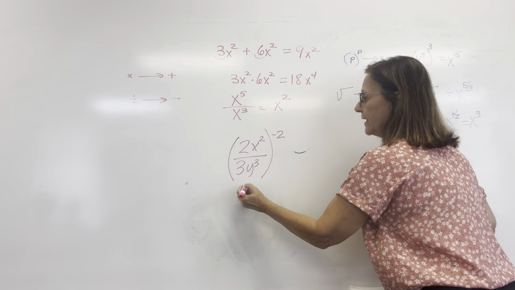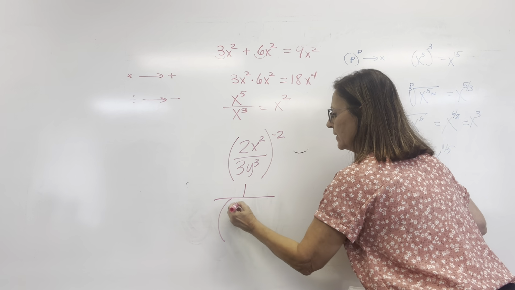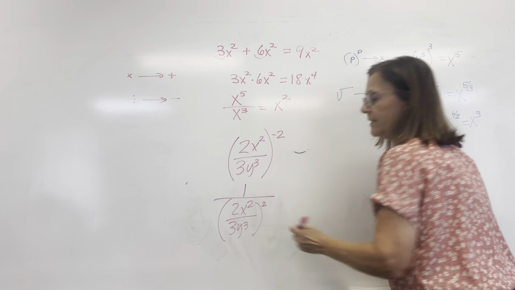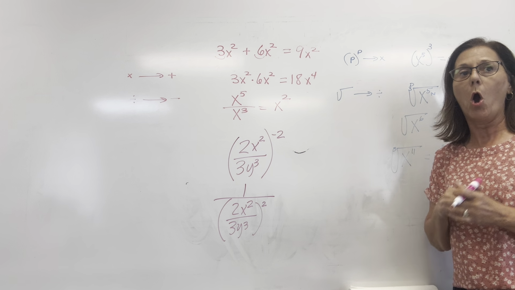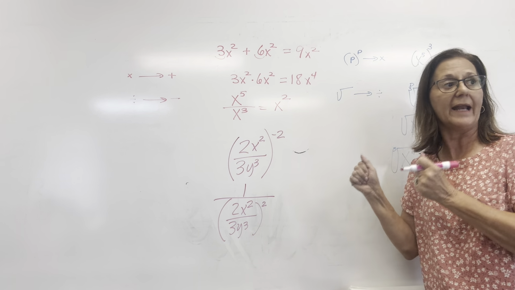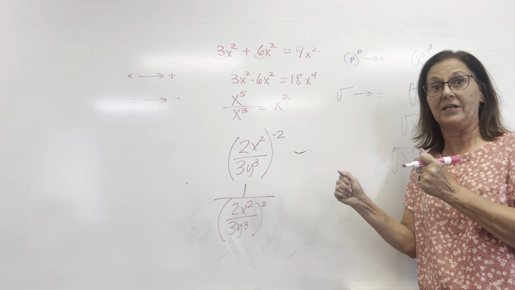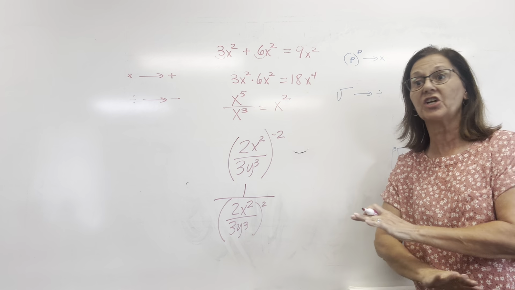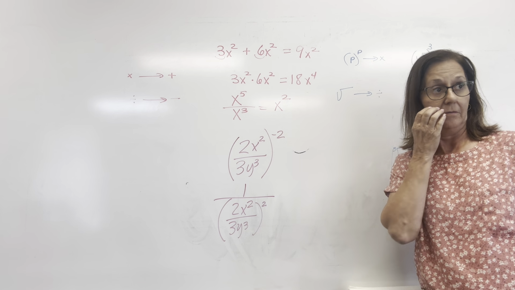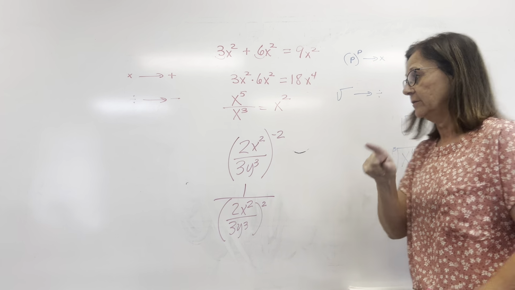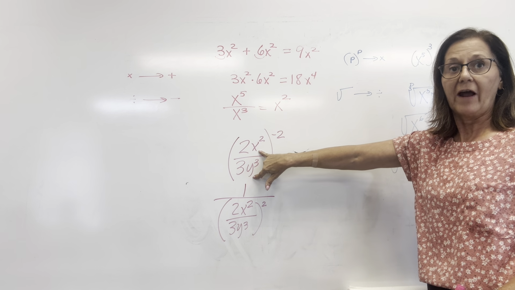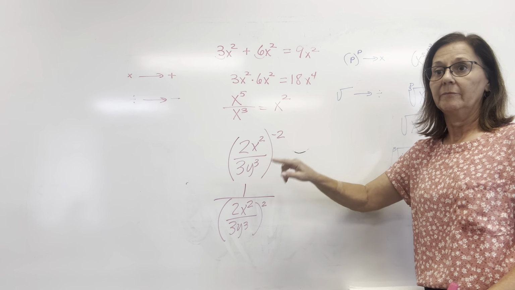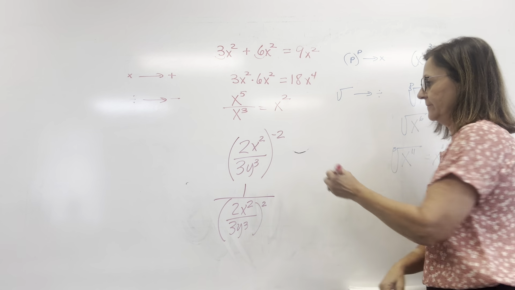So I could look at it as 1 over 2x squared over 3y cubed and make the exponent positive. Only the exponent outside the parentheses changes to positive. If any of these are negative inside, it doesn't change. However, I can flip the fraction on the inside and change that to positive because that's the same thing as this.